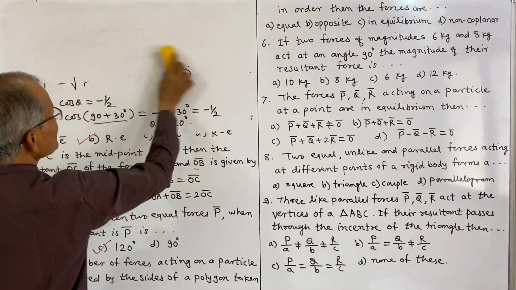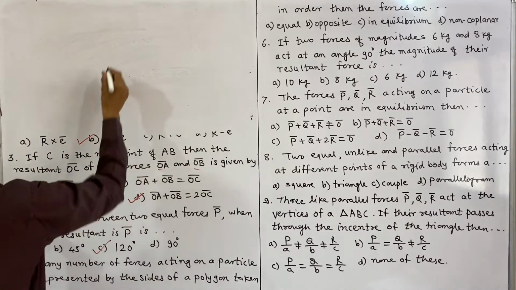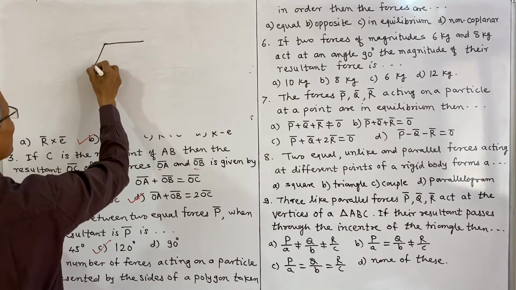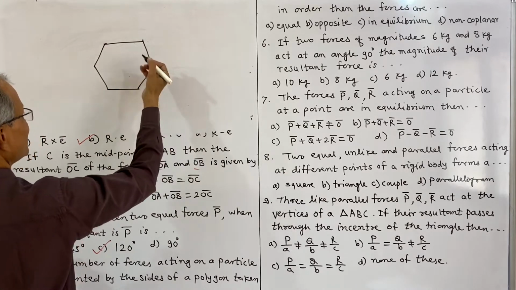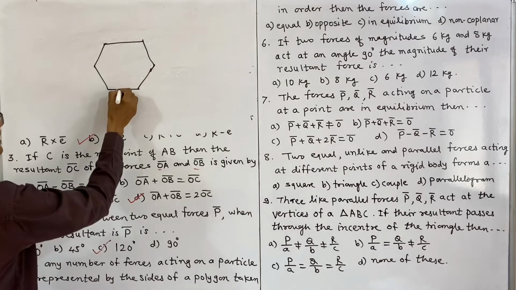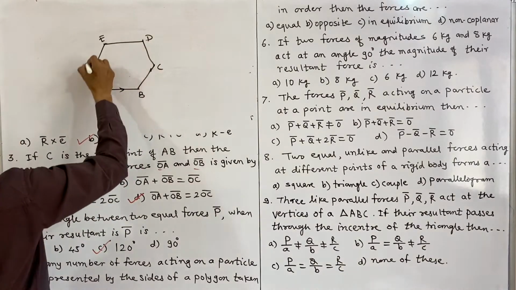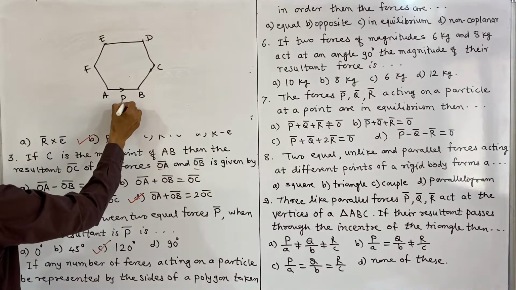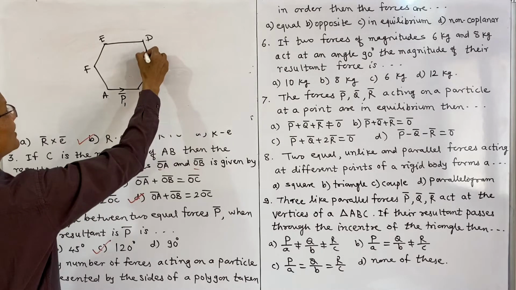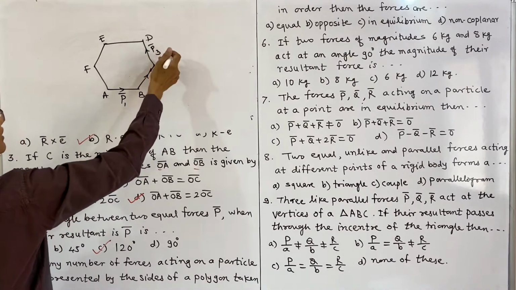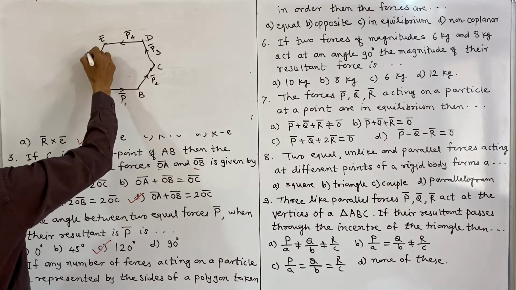So, if forces are represented along sides of a polygon taken in order, say a polygon having any number of sides, suppose this is A, B, C, D, E, F, then the forces will be P1 along AB, P2 along BC, P3 along CD, and this is P4, and so on.